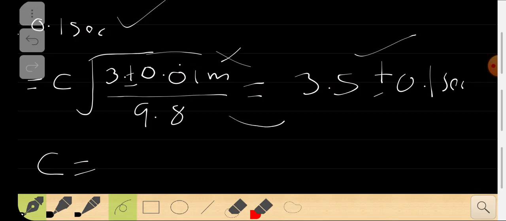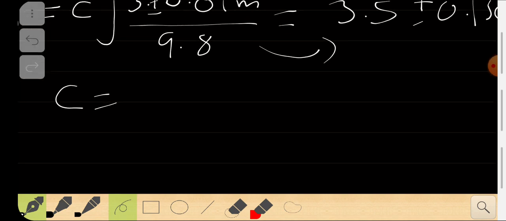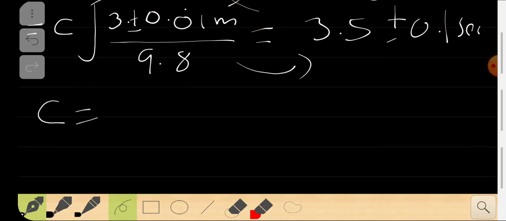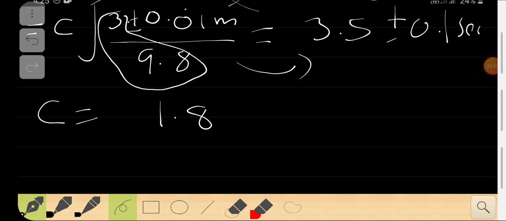Now it has to go to the other side. I'm not going to do all that. I'll just do the calculation in a rough sketch, and you get around 1.8, because it's 9.8 divided by 3 right there. If you take the reciprocal of that, it will be 1.8 plus there is an error in the denominator.